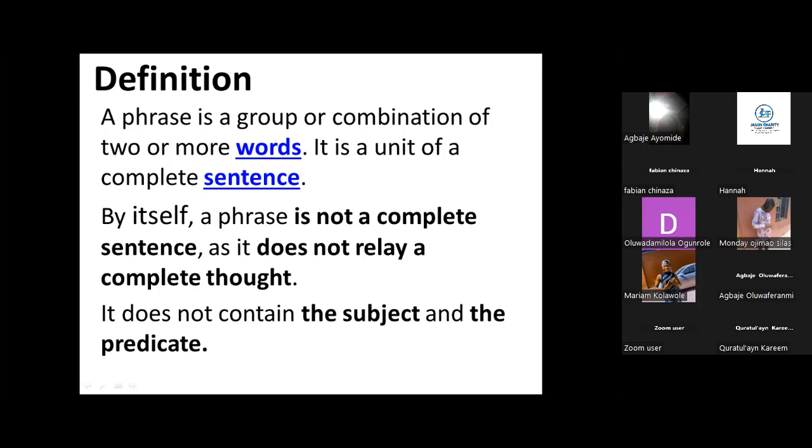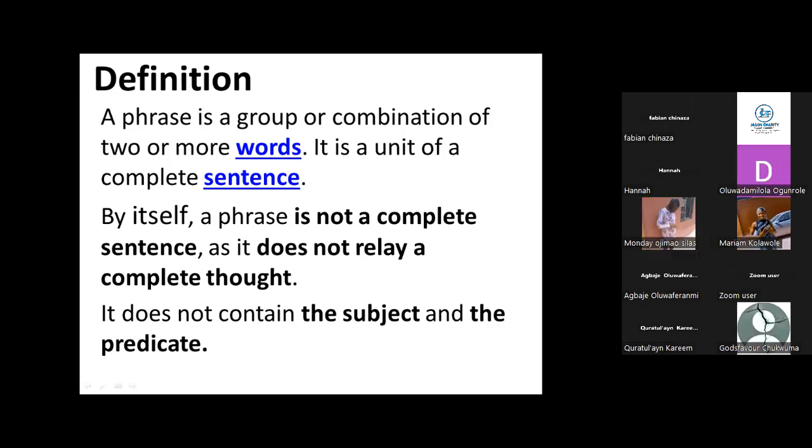You could have a phrase in a sentence, and in the same sentence, you have a clause. However, a clause may stand as a sentence, preferably a simple sentence.